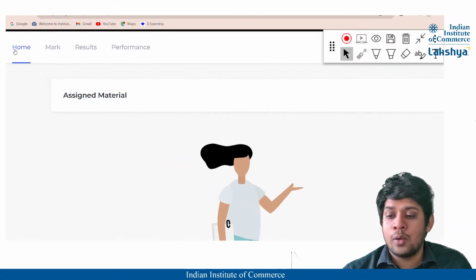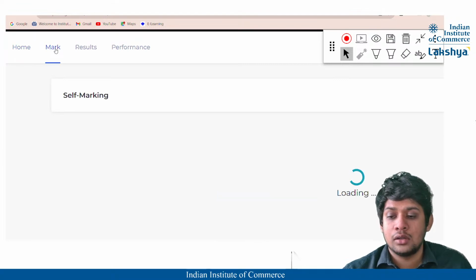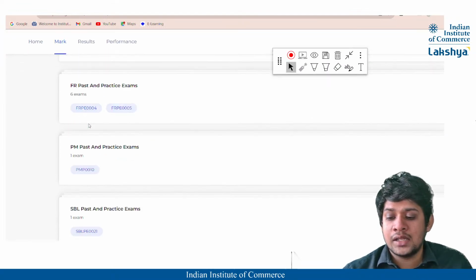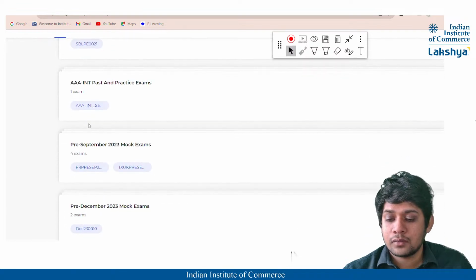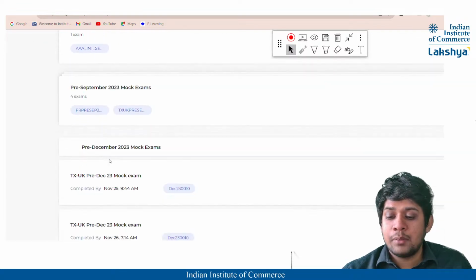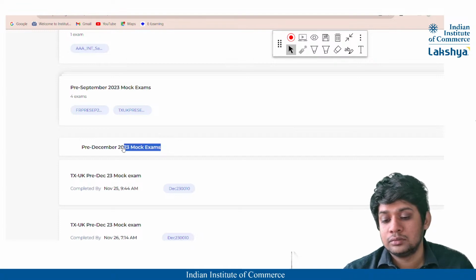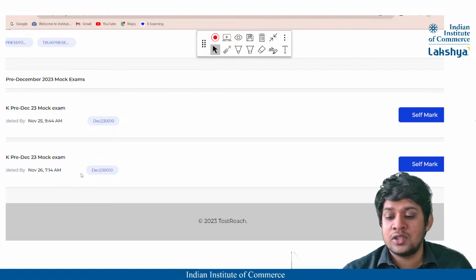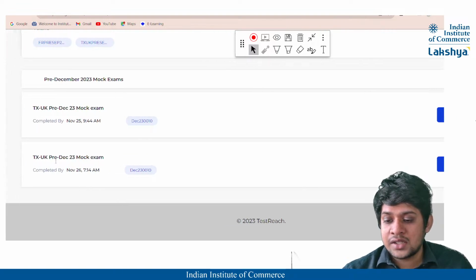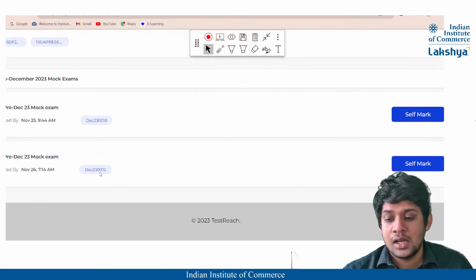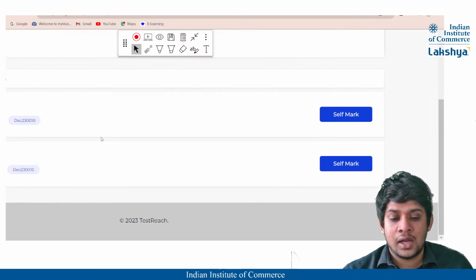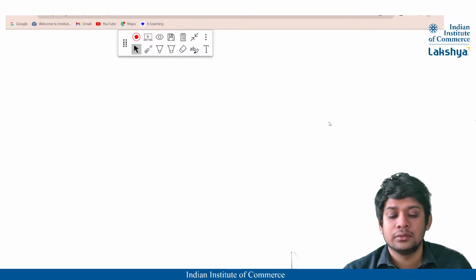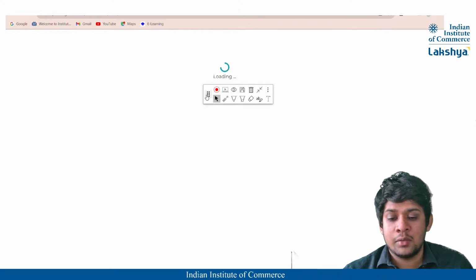You can see here there is home, and besides that there is an option of mark. If I click on mark, here I can see pre-December 2023 marks. We have just attempted the tax UK pre-December 2023 mock on November 26th at 9:44 a.m. So I'll click on self mark and let us see how much we scored.